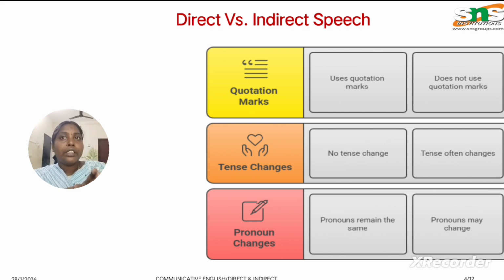In the sentence, Raju said to Sita, I am busy right now, I means Raju told Sita. Here I refers to the speaker, he, am busy now. So am busy now can be changed into past tense: I was busy then. This is how you change a sentence from direct speech to indirect speech.